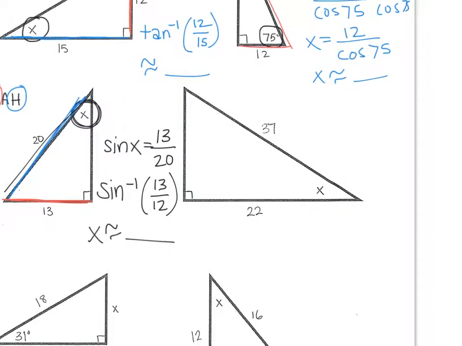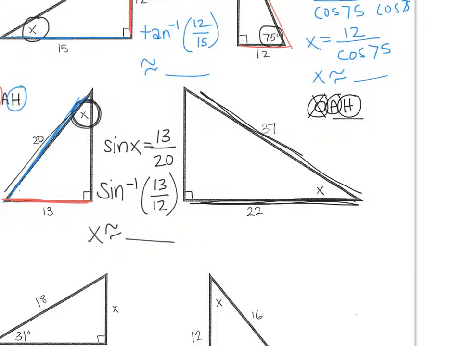For the next one, I know I'm going to use the inverse button because I'm trying to find an angle measure. So I do OAH. I know the adjacent because it's touching the angle. Oops, I just circled opposite. And I know the hypotenuse.